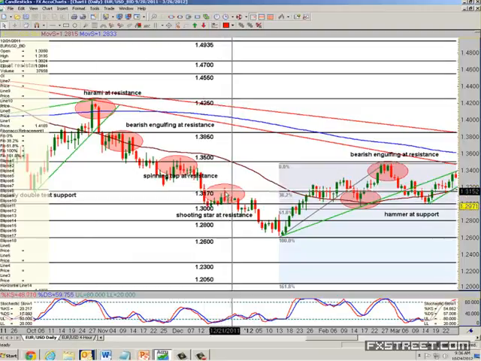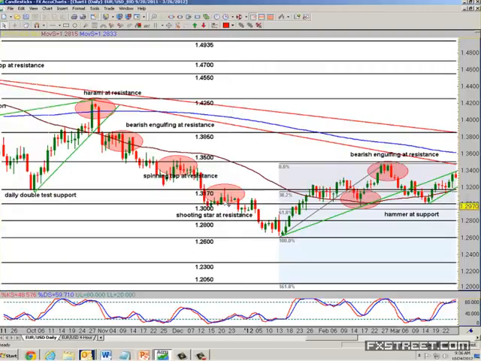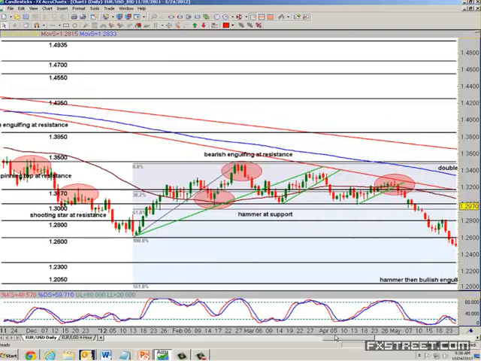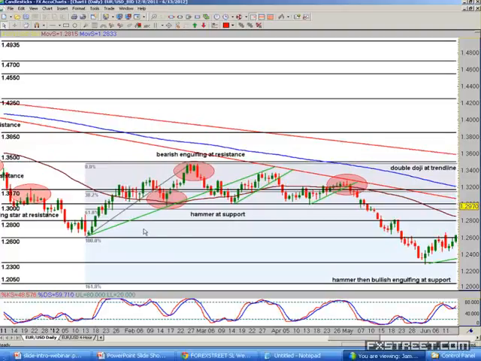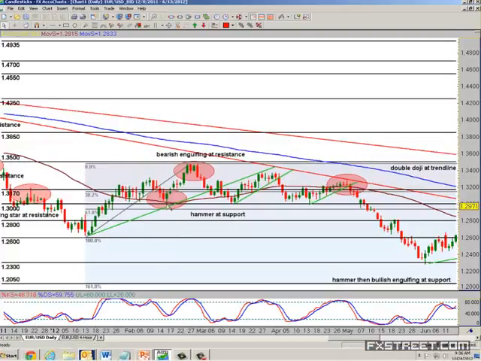We have a test that breaks down below the low, and then there's a retest there. This is a shooting star. It's sort of an up move, a shooting star candle, and then a continuation to the downside. Okay, so moving forward real quick.